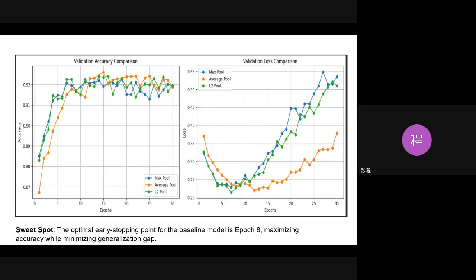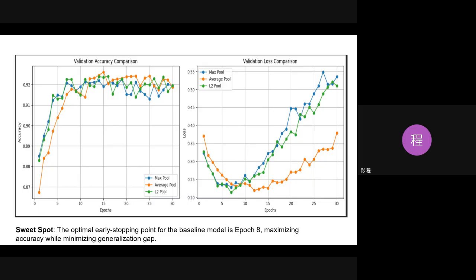Okay, from this chart we can see that our validation accuracy becomes about 0.92 at about 8 epochs, and after 8 epochs the validation accuracy is almost the same, with some changes over here. And we can see the validation loss.